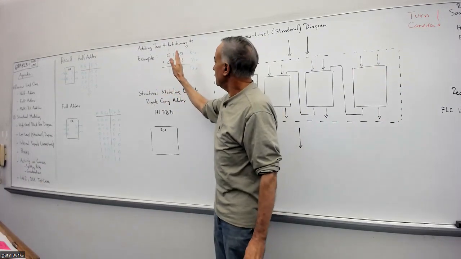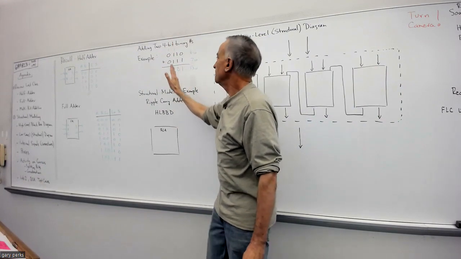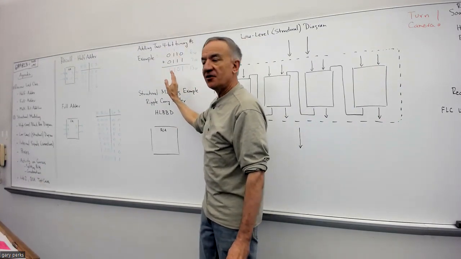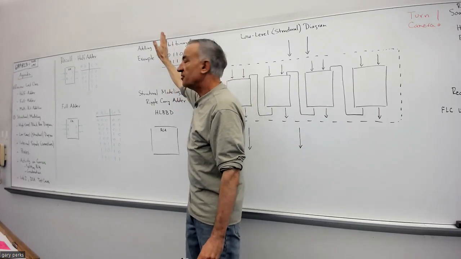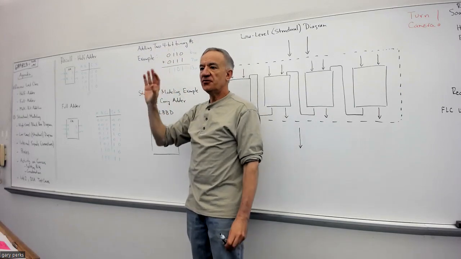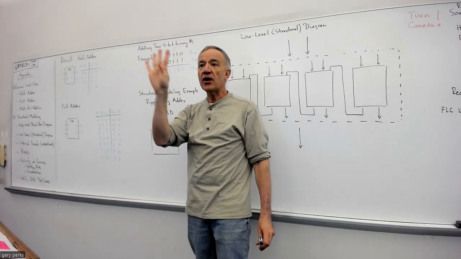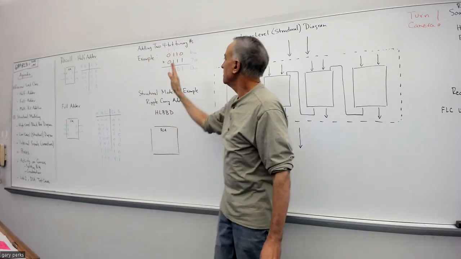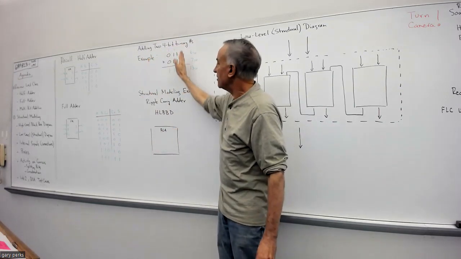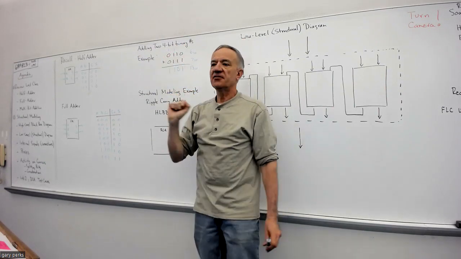So what you're going to see is you're going to need an adder for this column. You're going to need an adder for this column. You're going to need an adder for this column. You're going to need an adder for this column. So in order to add 2 4-bit binary numbers, the hardware requires 4 adding circuits. And you're going to see that we're going to use a half adder for this column, and we're going to use full adders for the other 3 columns.